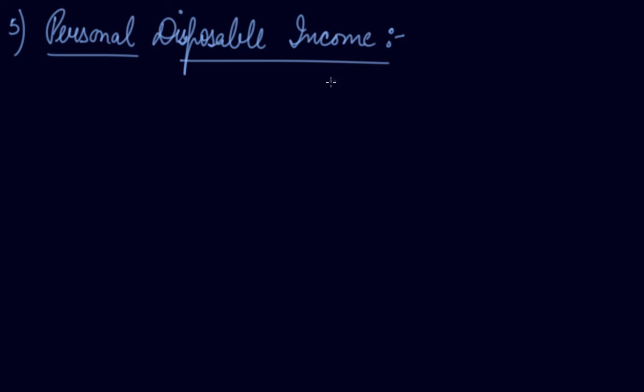And the last income which we will be studying is your personal disposable income. Now, your personal disposable income is the income remaining with individuals and households. See, your personal income was your income of the individuals and households. Now, what is personal disposable income? The income of individuals and households after deduction of all taxes levied against their income, that is the taxes they pay to the government and on their property by the government.